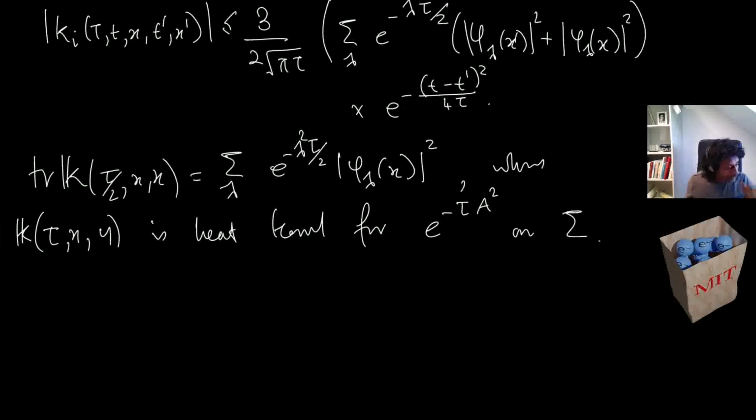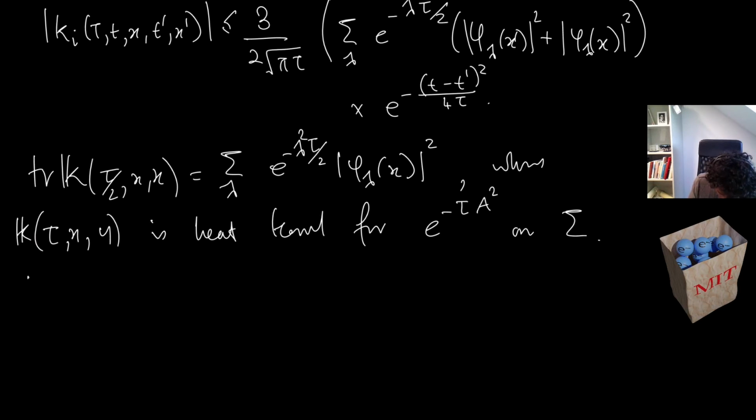So there are well-known heat kernel estimates, since sigma is closed, or I should emphasize, compact without boundary.